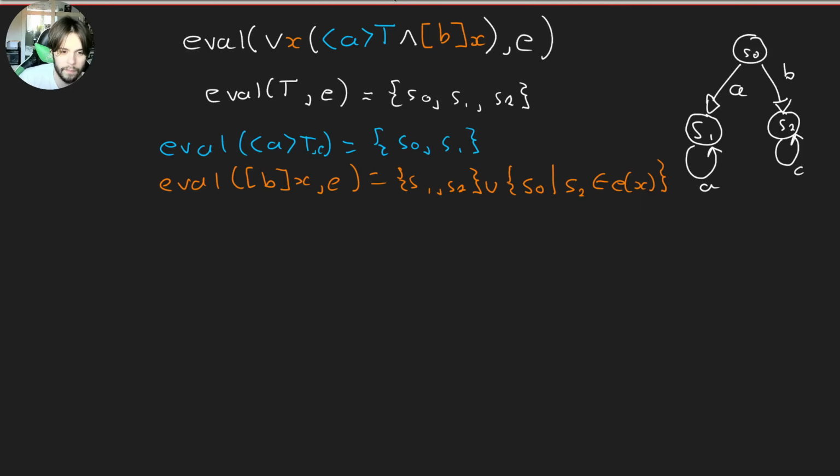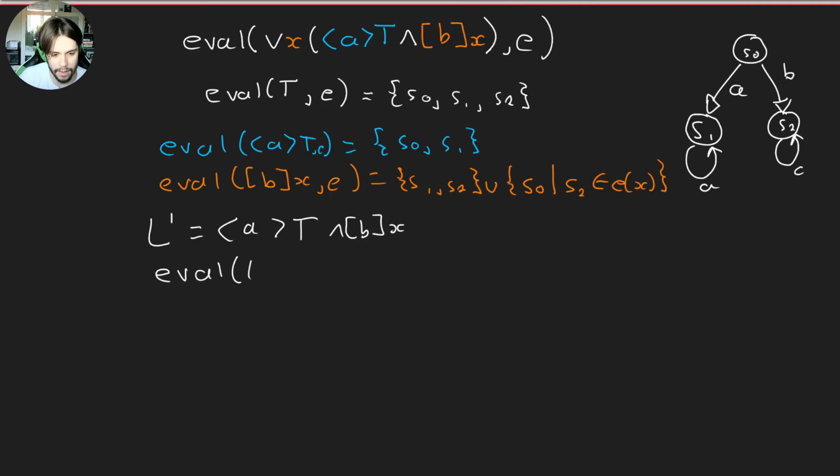So let's carry on. What I'm going to write now is I'm going to say that L dash, or actually L prime, is equal to the inside of our statement, inside of this new X, this greatest fixed point. So I'm going to say that L prime is equal to A, true, and for all B, X. Now what we must do is evaluate this L prime with E. Now what does this mean?